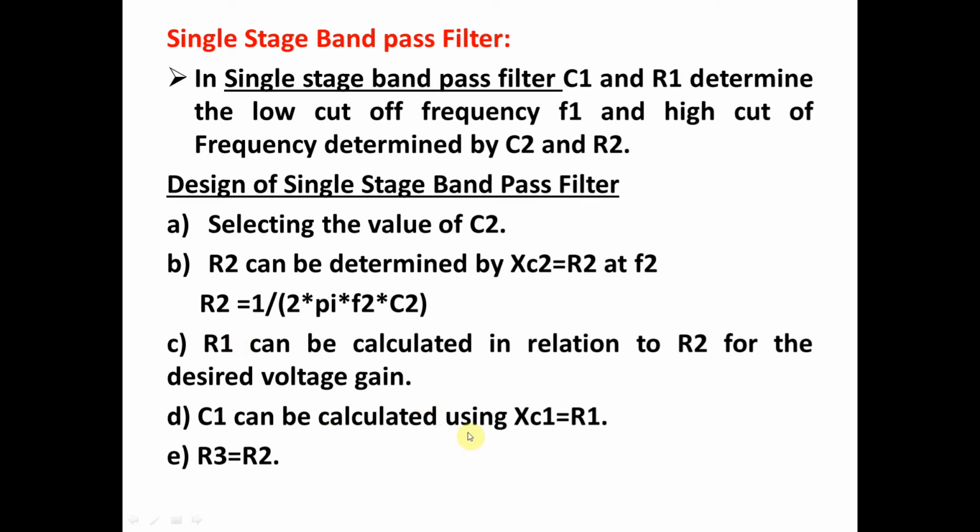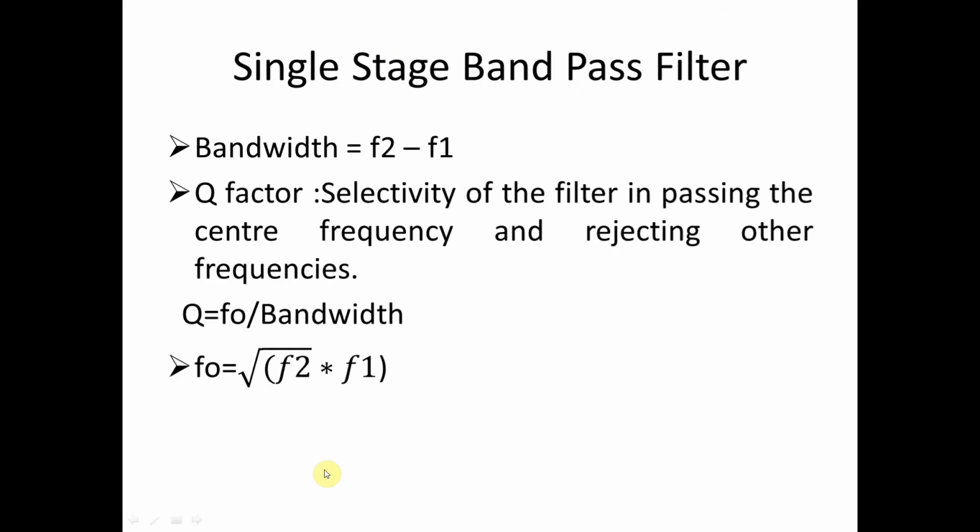C1 can be calculated using XC1 is equal to R1, where R1 is equal to 1 divided by 2 pi F1 into C1. R3 is equal to R2. The bandwidth for single stage bandpass filter is F2 minus F1.